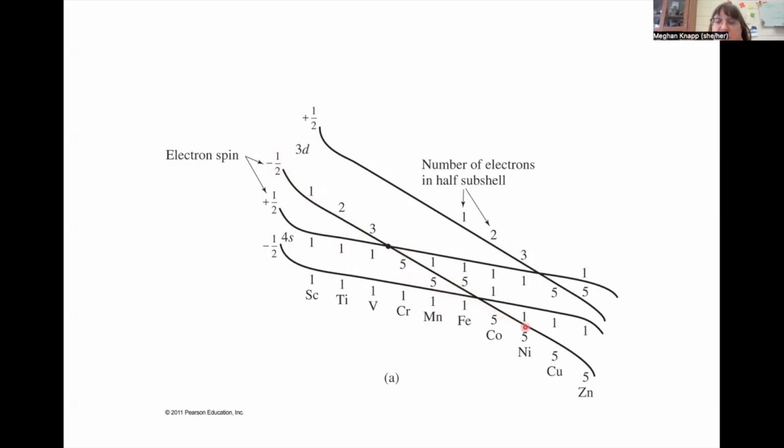These orbitals get closer and closer to the nucleus, so do the s orbitals. But the d orbitals sink down in energy faster. They're not shielded very much. Okay, so down here at nickel, we've got a lot more stability in this nickel than we have in that second s electron there.